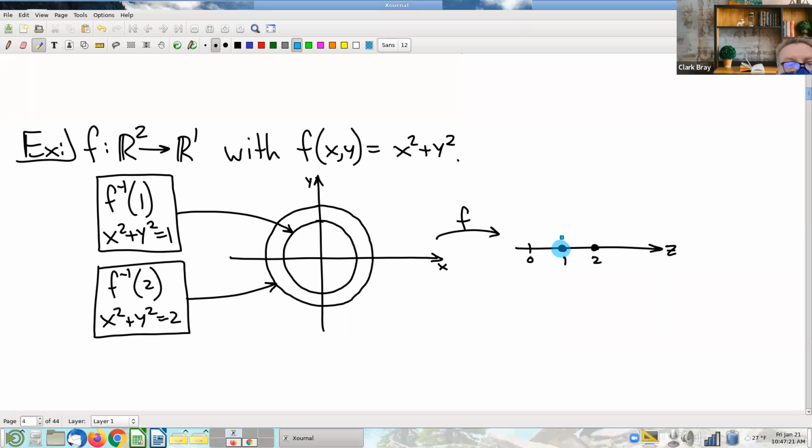Well, it's going to be the points for which x squared plus y squared is equal to 1. I want the points for which the value of the function is 1.